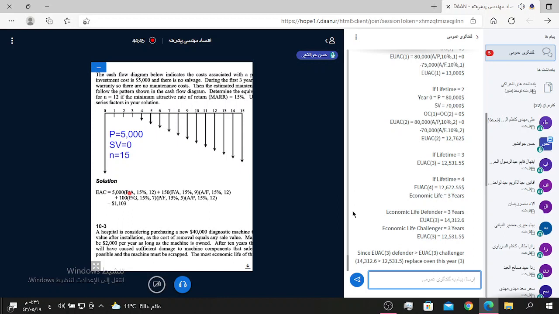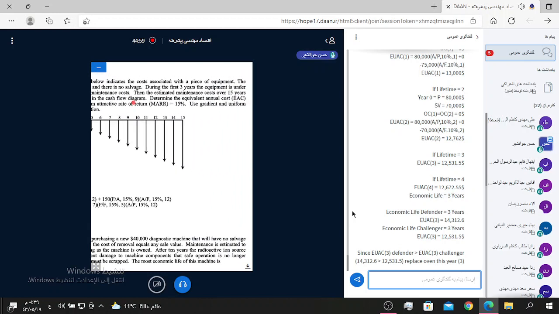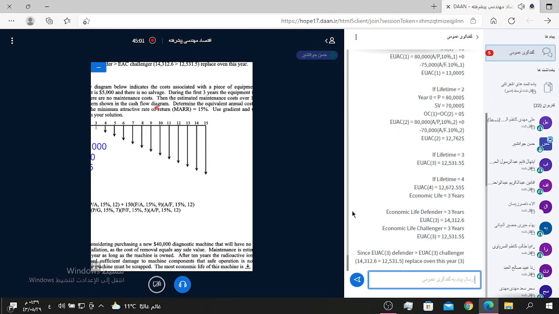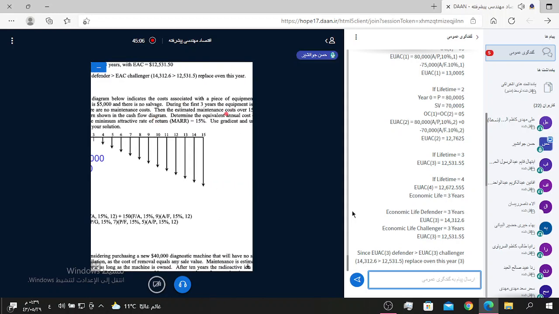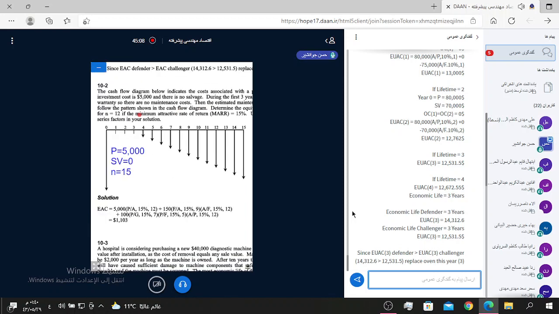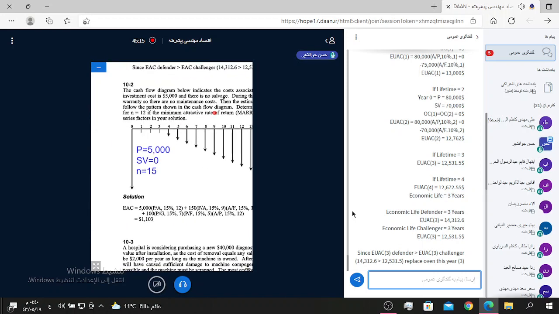We must write A/P. For the maintenance, determine the first year's number after the warranty, the estimated maintenance cost over 50 years, following the pattern shown in the diagram.